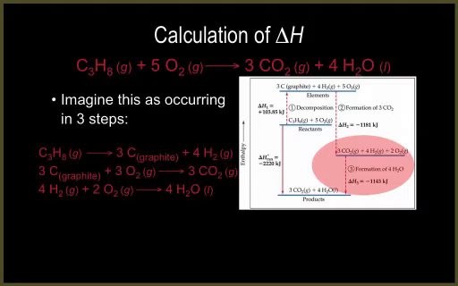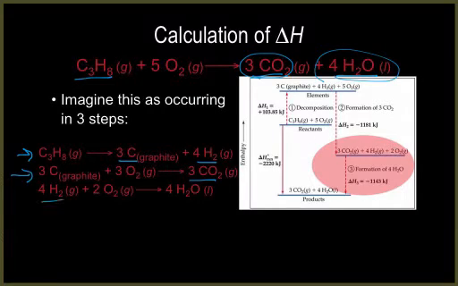To get from C3H8 plus oxygen to CO2 and H2O, we think of this happening in 3 stages. The first step is that the C3H8 is broken apart into its elements, carbon and hydrogen. Then on the other side, we've got carbon and oxygen coming together to make CO2, and hydrogen and oxygen coming together to make H2O.